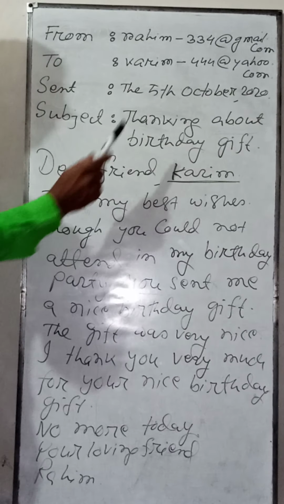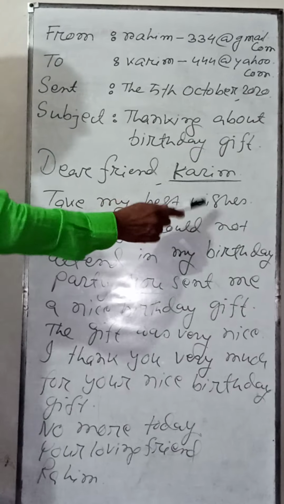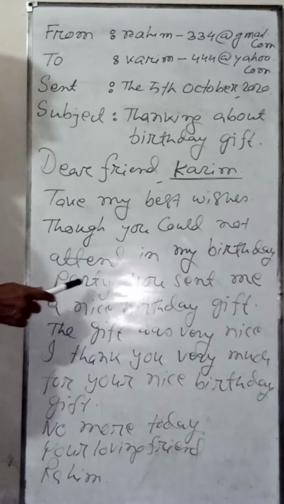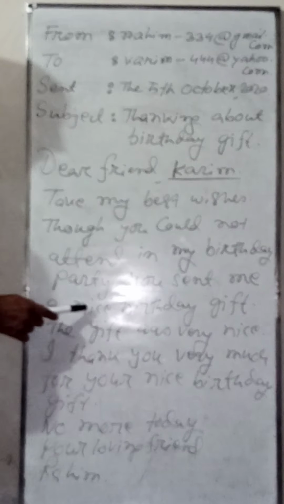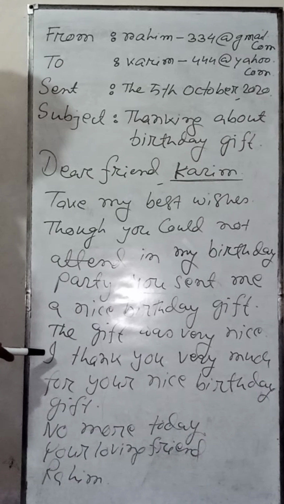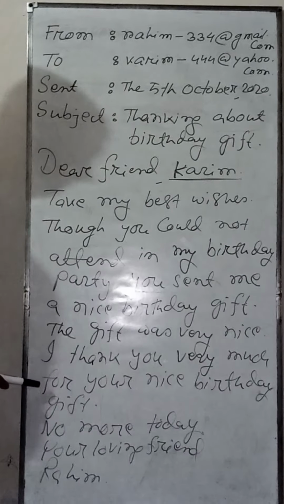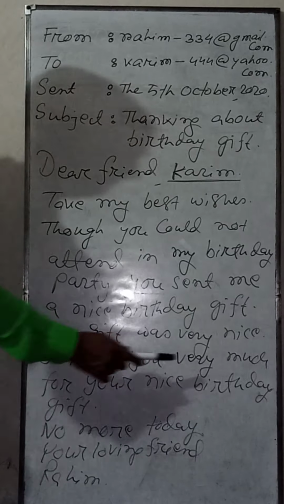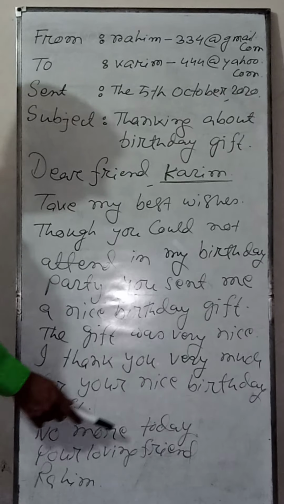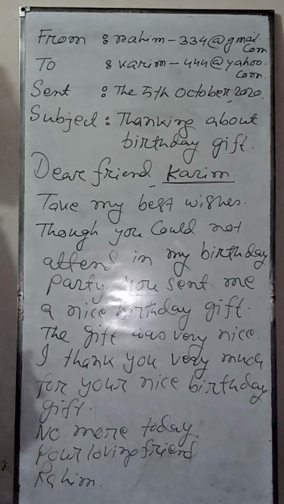Dear friend Korim, take my best wishes. Though you could not attend my birthday party, you sent me a nice birthday gift. The gift was very nice. I thank you very much for your birthday gift. No more today. Your loving friend Rohim.